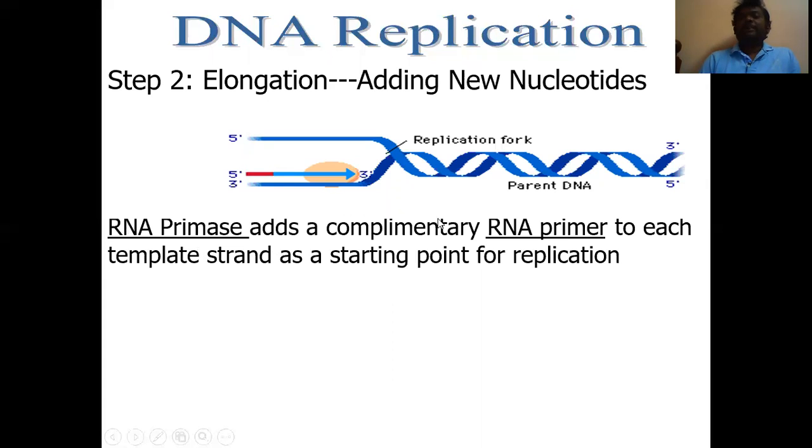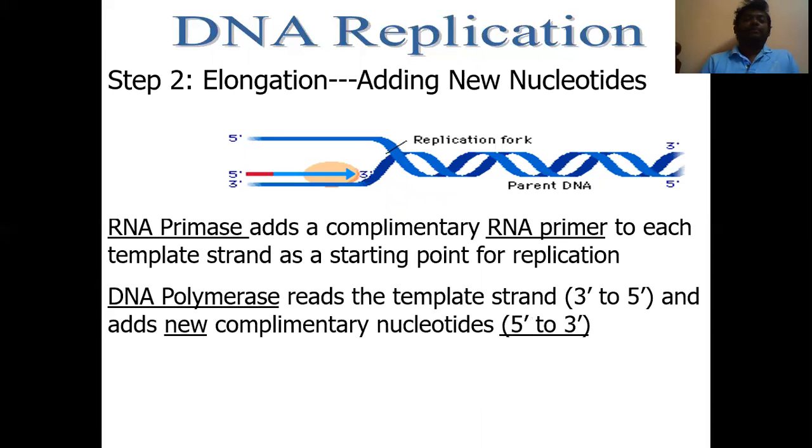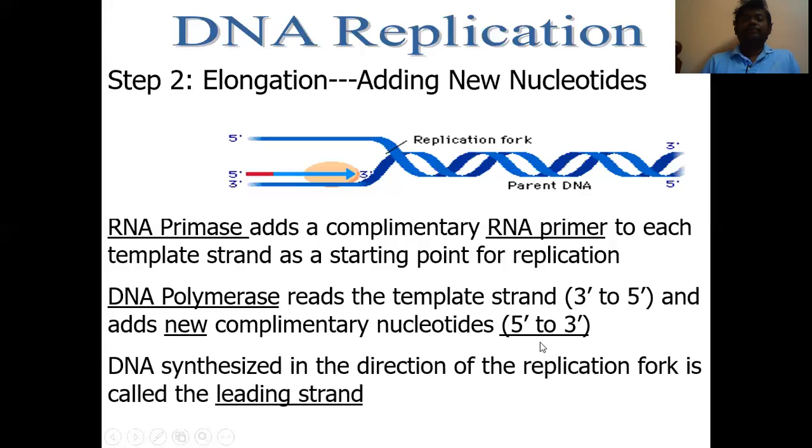It adds a complementary RNA primer to each template strand as the starting point of replication. So here we can see RNA primase is an enzyme, and also DNA polymerase is an enzyme. It reads the template strand from 3 to 5 direction and adds new complementary nucleotides from 5 to 3.